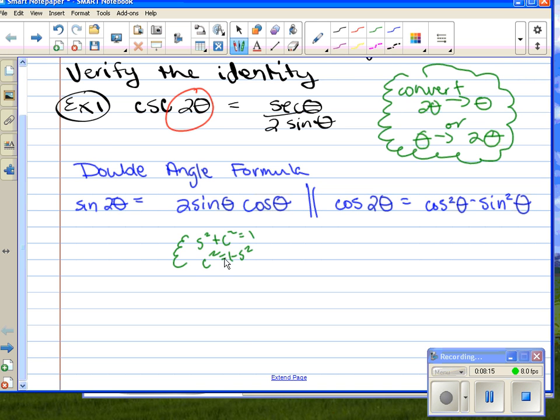Then I can trade out the cosine squared over here with 1 minus sine squared. You're going to see the transition here. I can replace that with 1 minus sine squared minus sine squared.